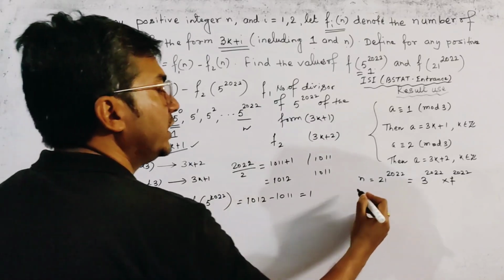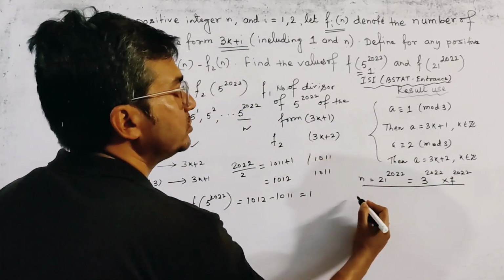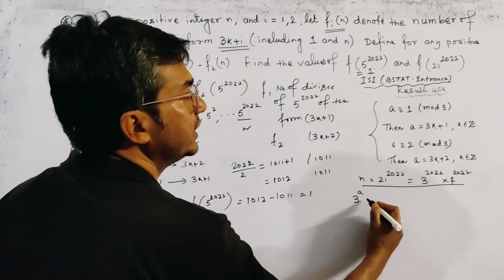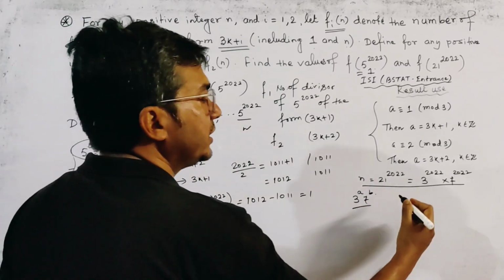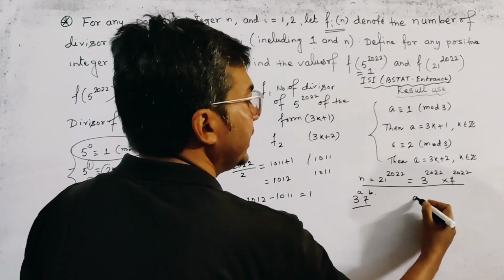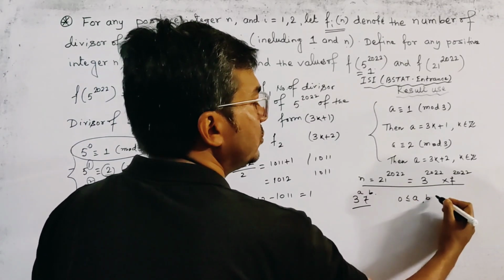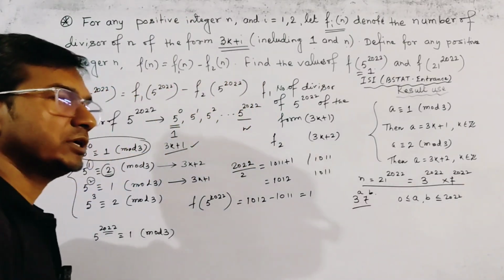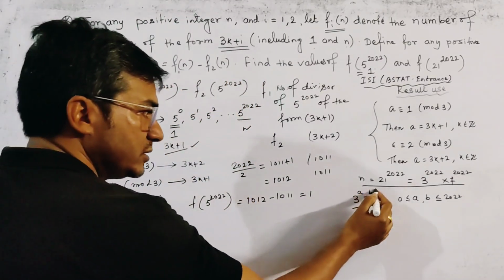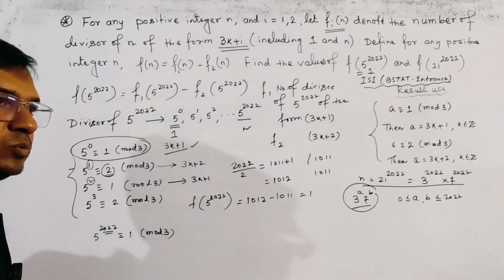So the divisors of this number n are of the form 3 to the power a into 7 to the power b, where a and b are greater than or equal to 0 and less than or equal to 2022. These are the divisors of 21 to the power 2022.